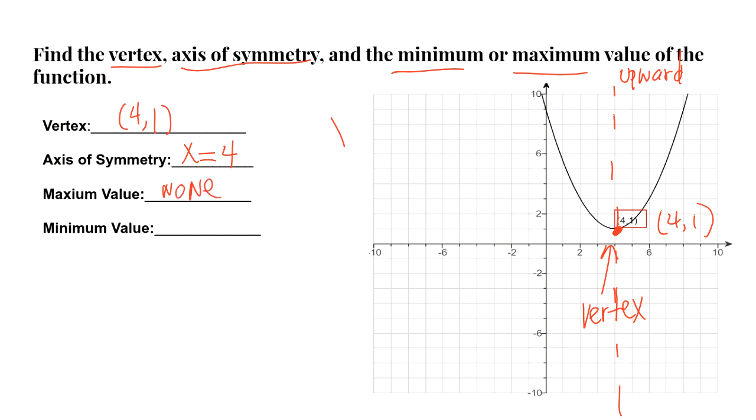We do have a minimum, which is going to be the y coordinate of my vertex. So remember, that's my y coordinate. So that's going to be 1. So you can write 1. You don't have to write y is equal to 1. It's not an equation, it's just what the number is.